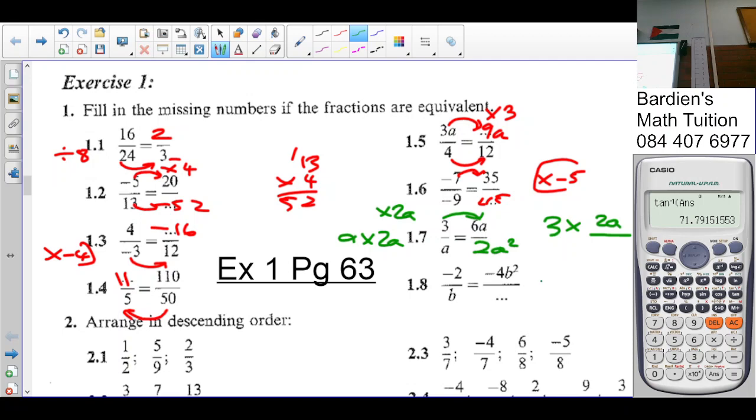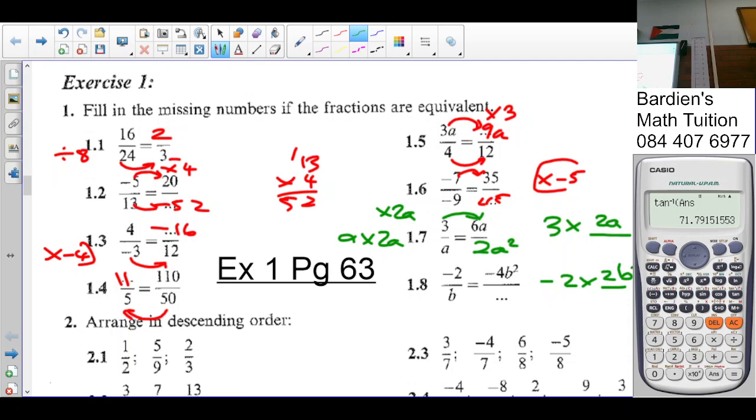We look here. How do we get negative 2 multiplied by what is going to give you negative 4b squared? No, negative times negative is positive. 2. Now if you got negative 2 times 2b, that's negative 4b. We have negative 4b squared.